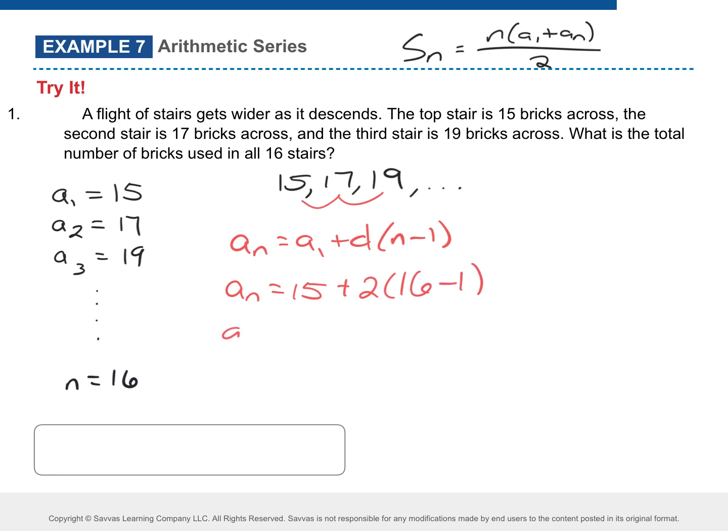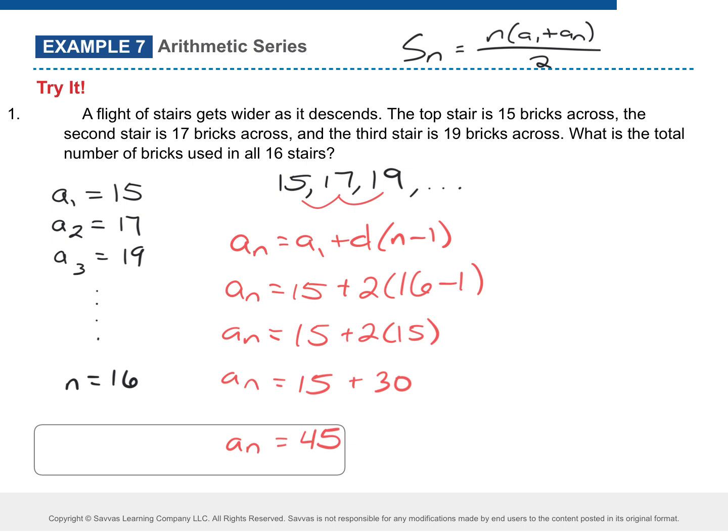So now we just solve 16 minus 1, 15. 15. And then 15 times 2. 2 times 15. Oh, 30. Yep. And then we have 15 plus 30, 45.